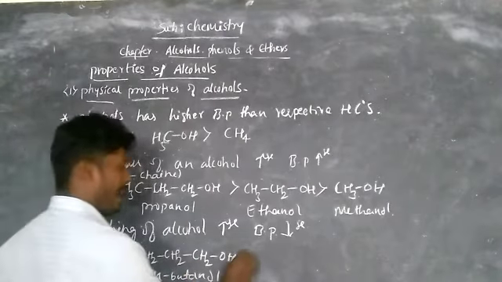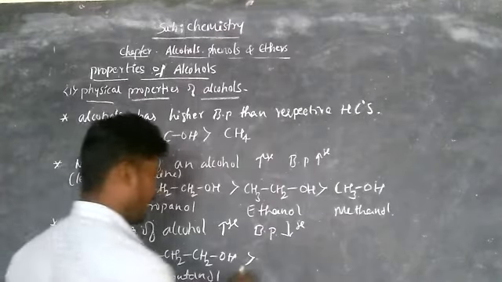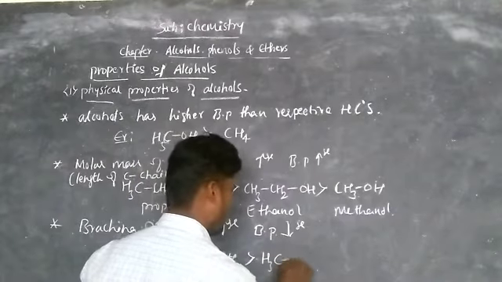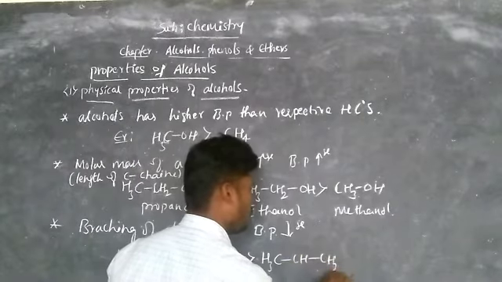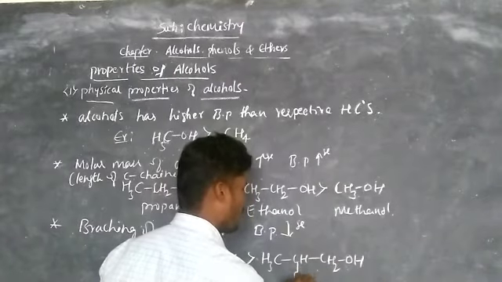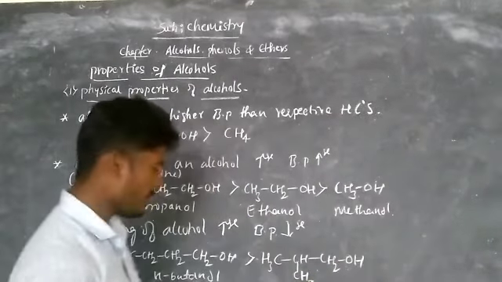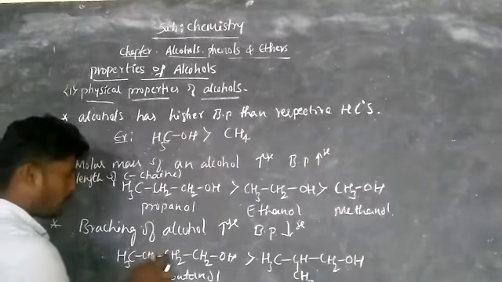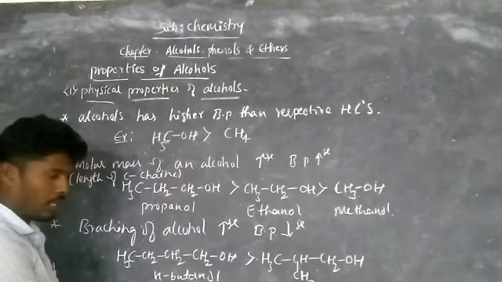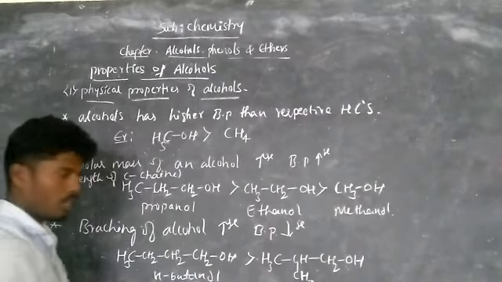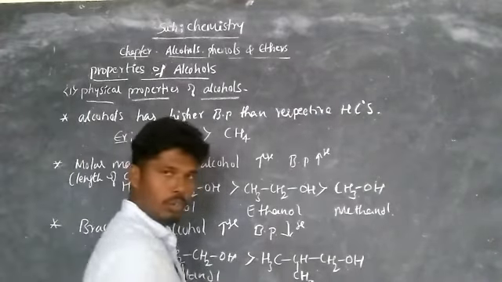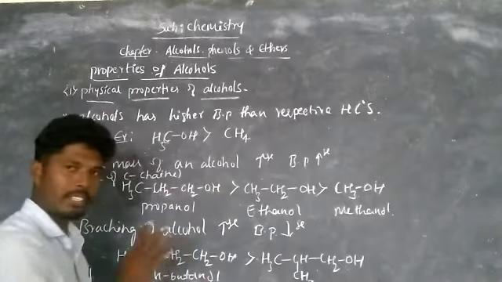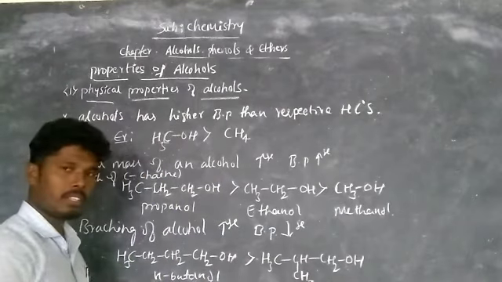This one has a high boiling point than the secondary butanol. See, CH3 CH CH2 OH CH3. 1, 2, 3, 4, 4 carbon atoms, butanol, linear, so normal butanol. These two have the same molecular formula, but the structures differ.